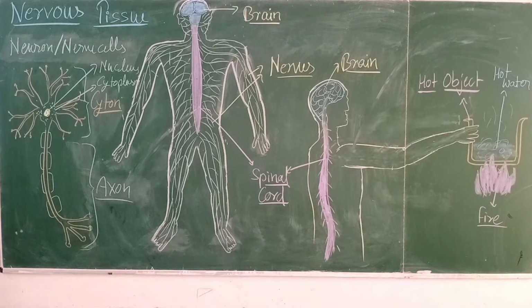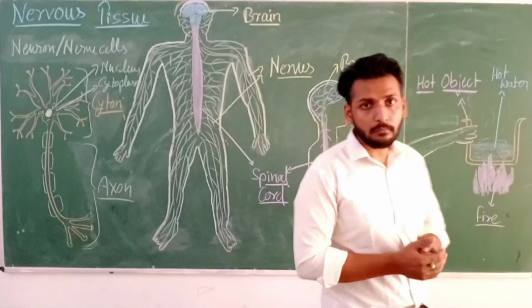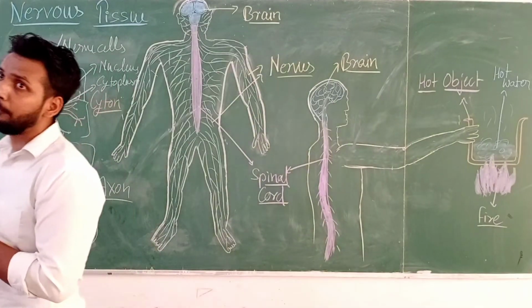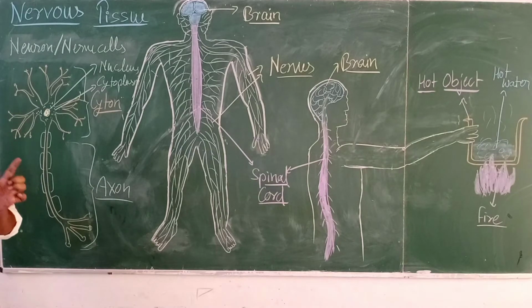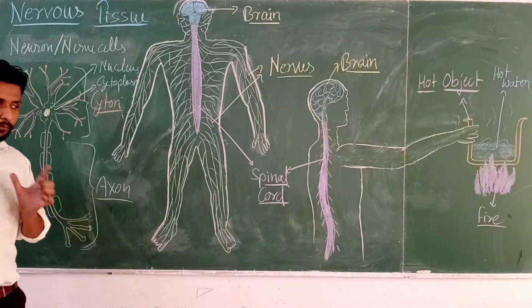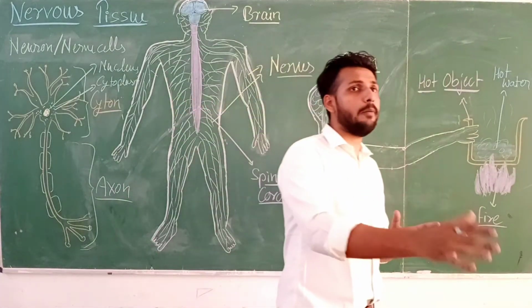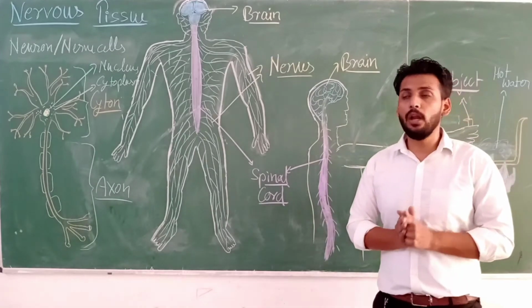Nervous tissue is the tissue which helps in conduction of all these types of signals and helps us recognize and react. I told you, these are specialized cells which conduct the stimuli. It is the nervous system which helps us recognize whether an object is hot or cold, whether we touch it or not.